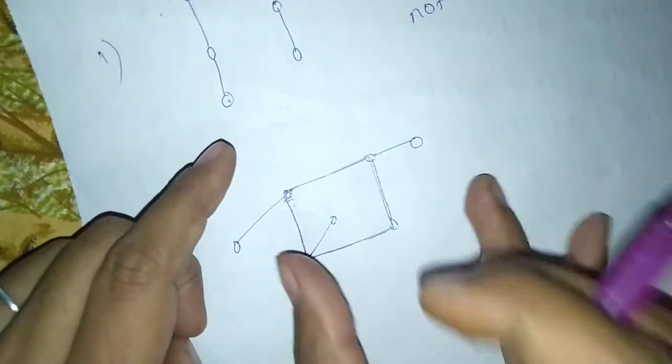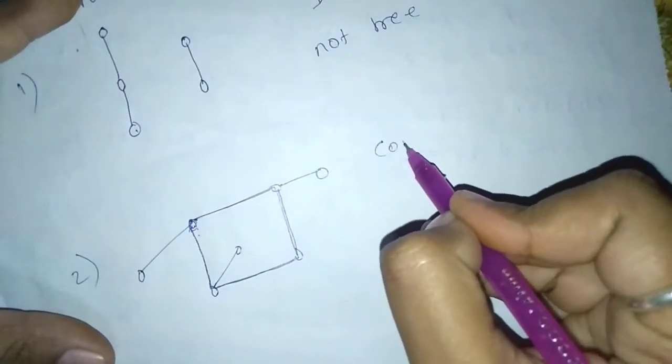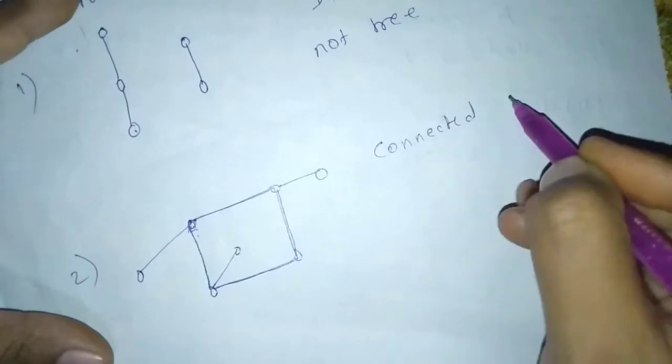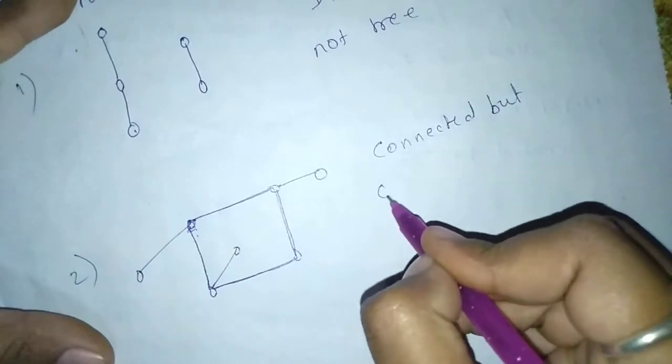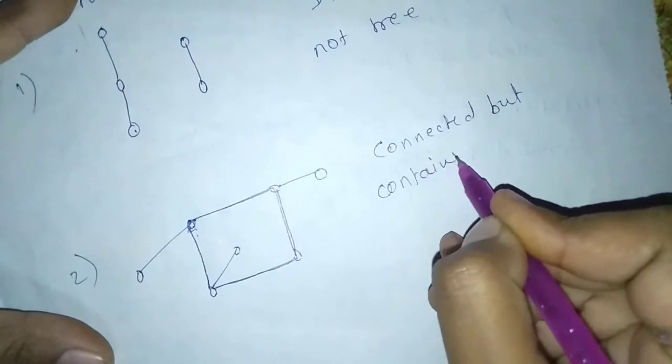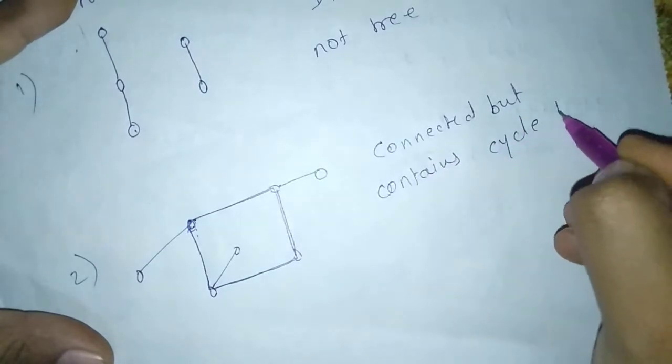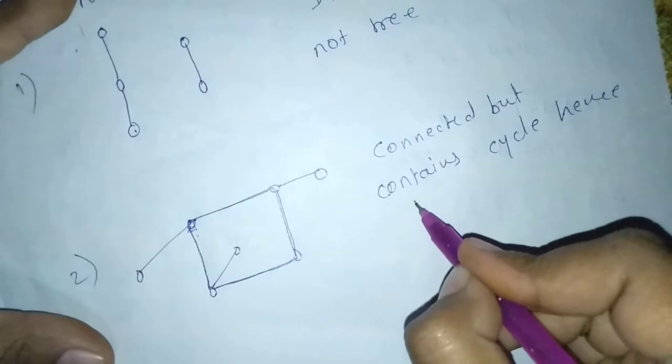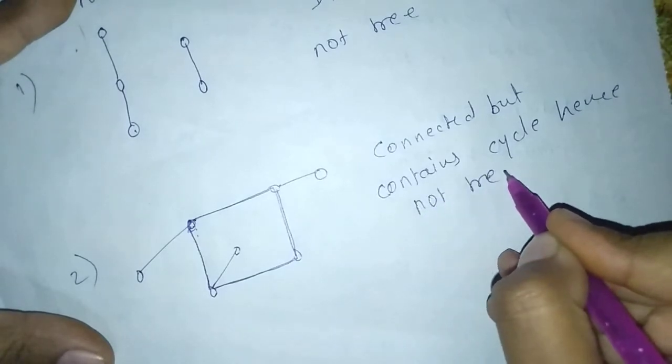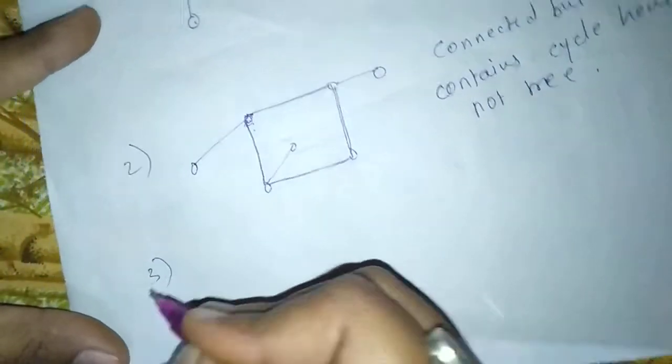So this is not a tree. So this is connected but contains a cycle, hence not a tree.